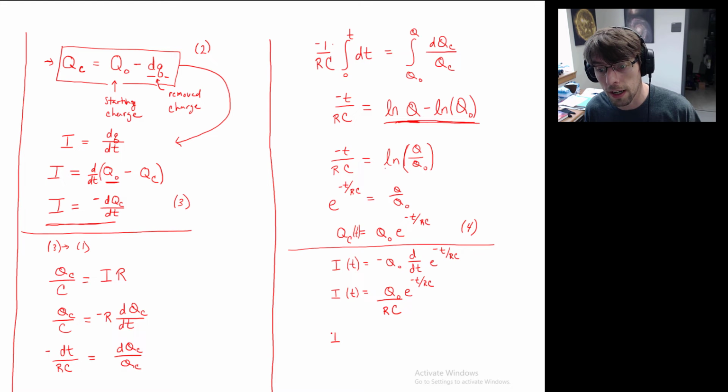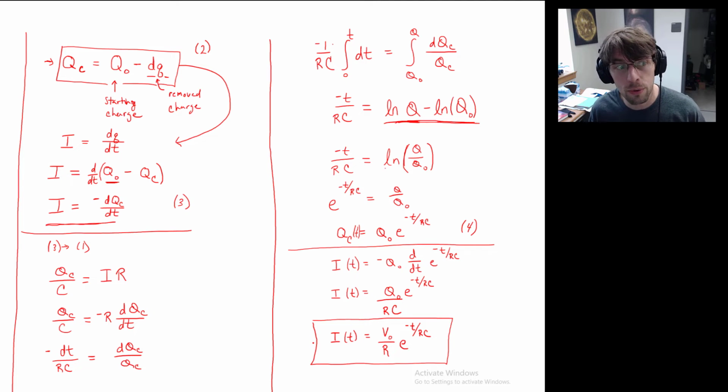We could write this as I equals the initial potential difference divided by the resistor in the circuit, e to the negative t over RC. And there we are, finally done. We have an expression for the current running through the circuit as a function of time.